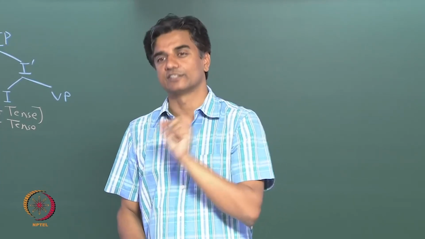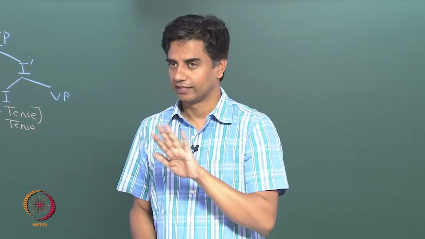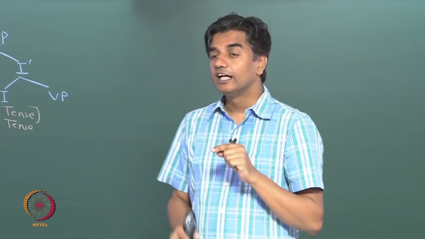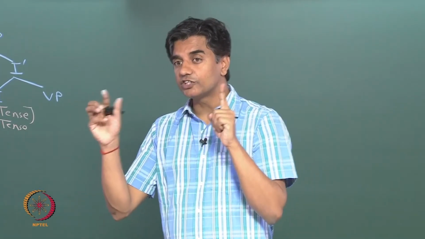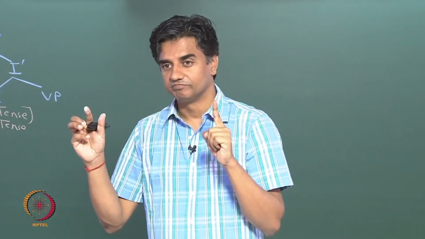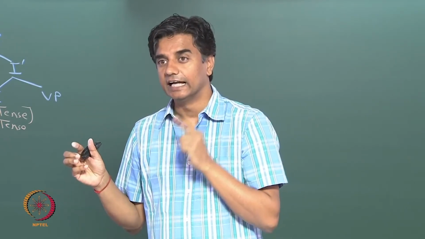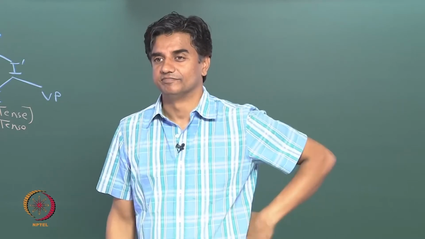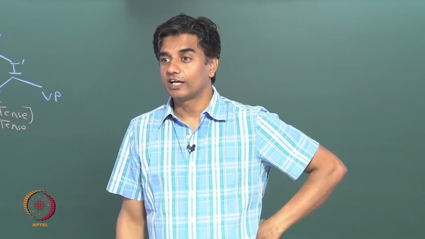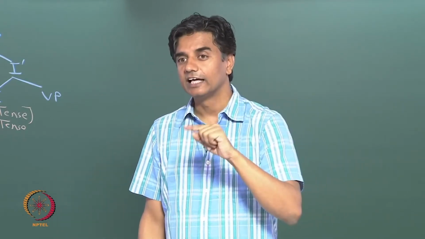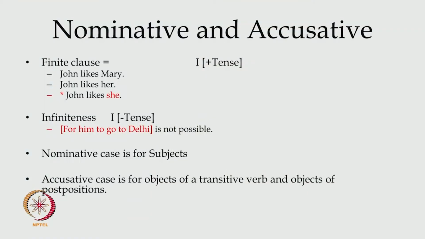Therefore, this sentence is finite. Agreed? Everybody? The chunk that you see in red, the whole thing, for him to go to Delhi, is the subject of this sentence. For him to go to Delhi is the subject of this sentence, the whole thing.